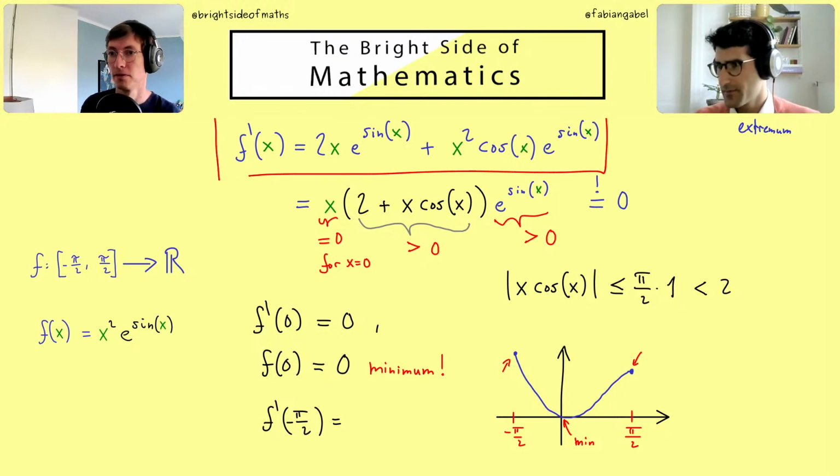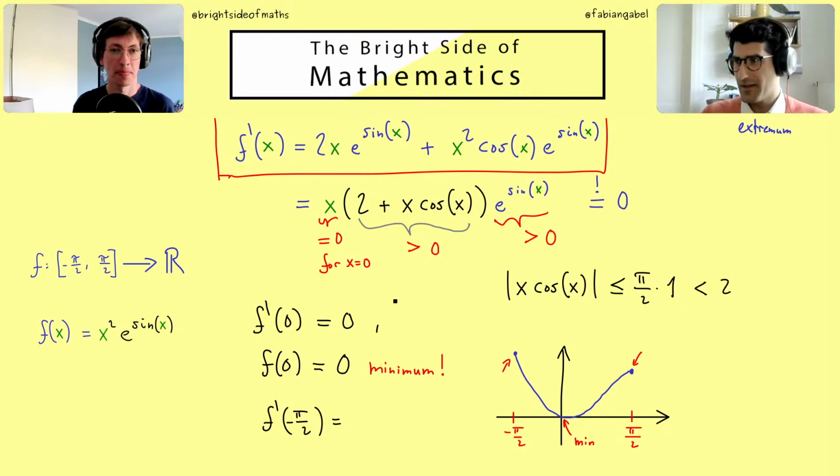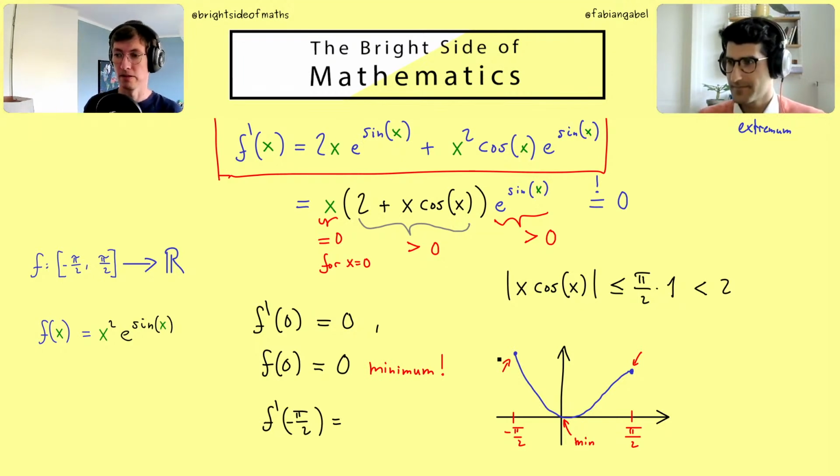I hope this works. Because what we know is if the derivative is strictly greater than 0, then we have a strictly monotonically increasing function. And if the derivative is strictly less than 0, then we have something that is strictly decreasing. And this we can then use just as you explained in your chat, in your sketch. You are definitely right, but I didn't want to go for the whole function.